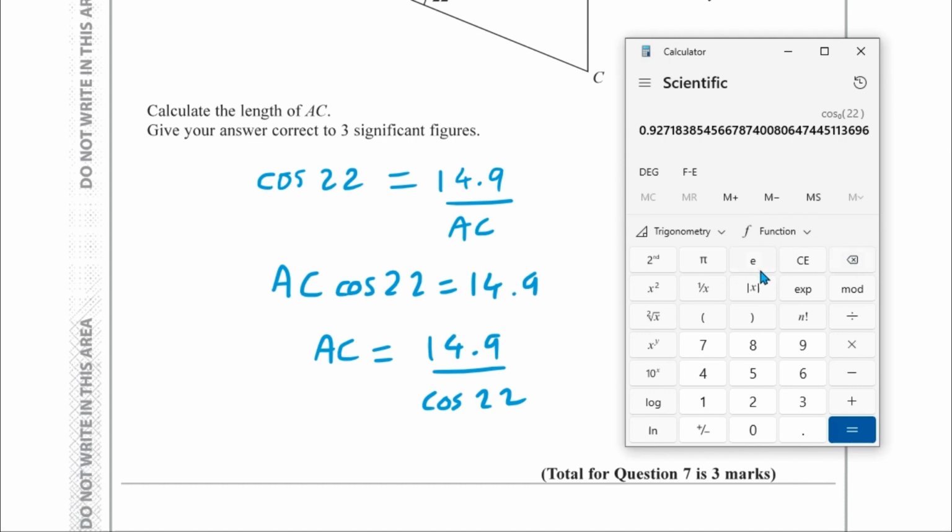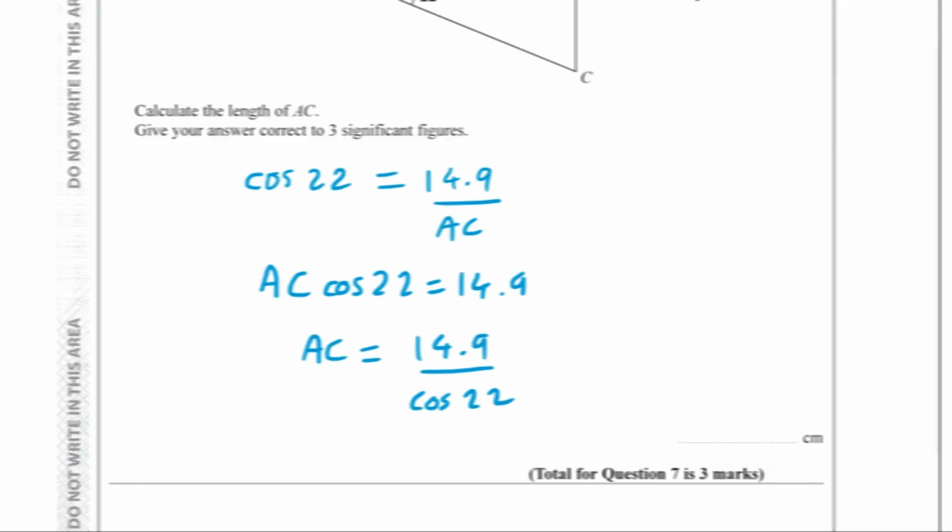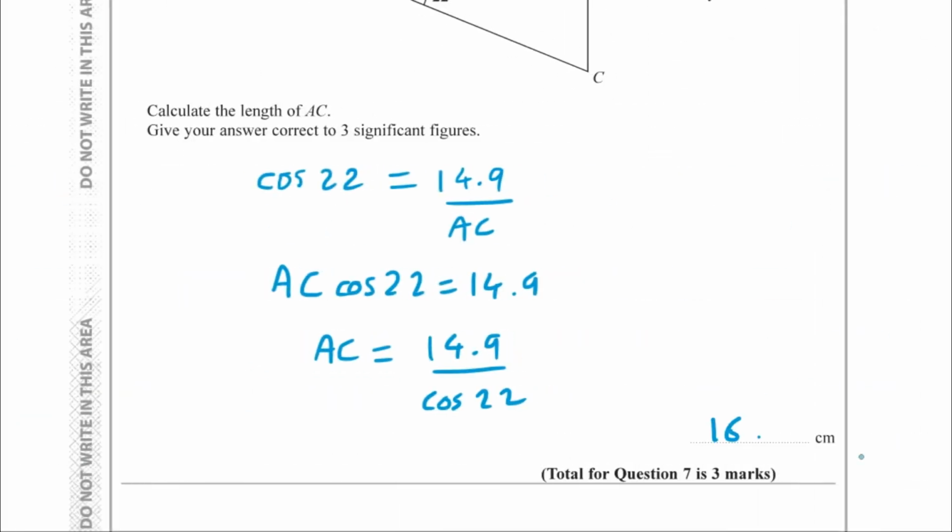And so I can simply say, okay, 14.9 divided by 0.9271, which is going to give me 16.07. And to 3 significant figures, the 1 is significant, the 6 is significant, and the 0 will round up to a 1. So the answer to this question will be 16.1. So we can go ahead and write 16.1 in centimeters here and move on to the next question.